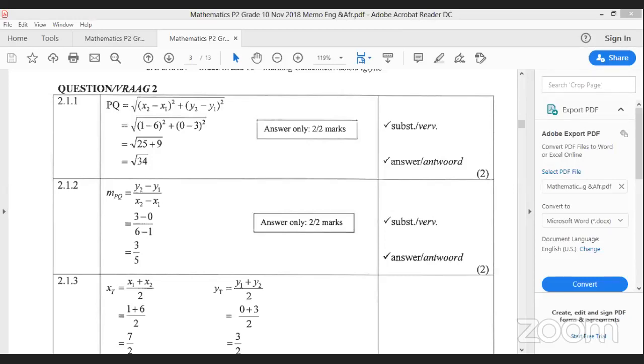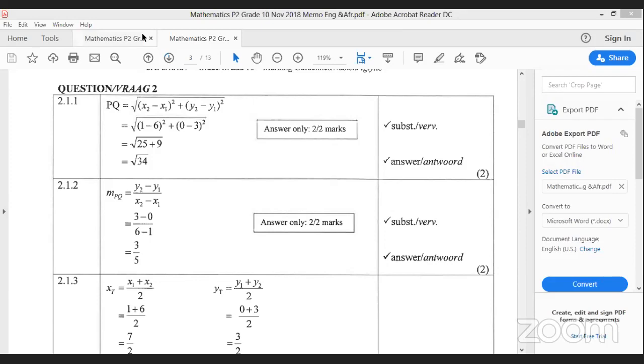Guys, this is part of term one's work. Yes, you have to square root. That's the formula, the way it's given. PQ is equal to the square root of x2 minus x1 all squared plus y2 minus y1 all squared. We haven't started 2.1.2 yet. We're still going there, boys and girls.